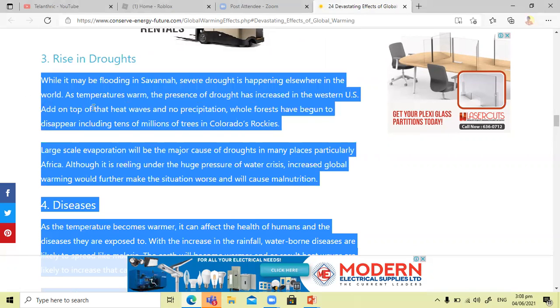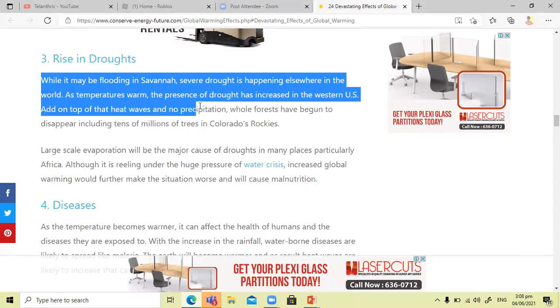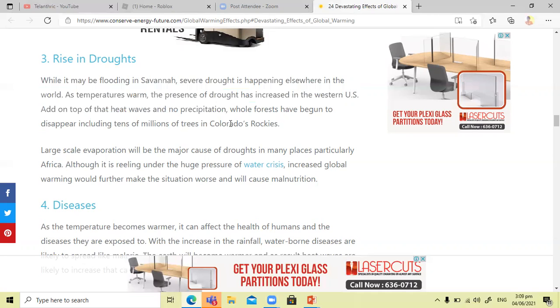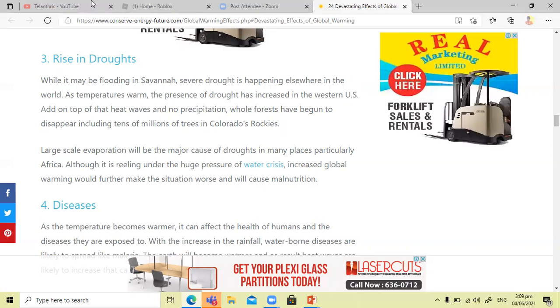And add on top of that, the heat waves and no precipitation, whole forests have begun to disappear, including tens of millions of trees in Colorado's Rockies. So as you can see, it's gotten rid of tens of millions of trees. That's a lot. And this is happening because of global warming.